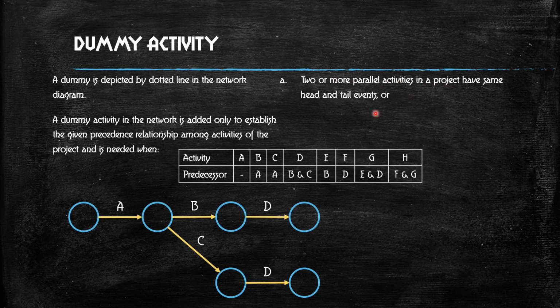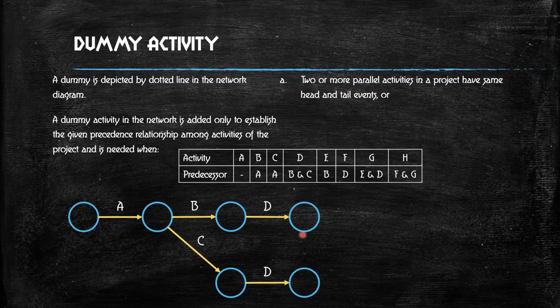It is parallel because it starts at a particular place and has to end at D, right? So in this case, you cannot draw a parallel line. Between two circles, there should be only one arrow, one activity.